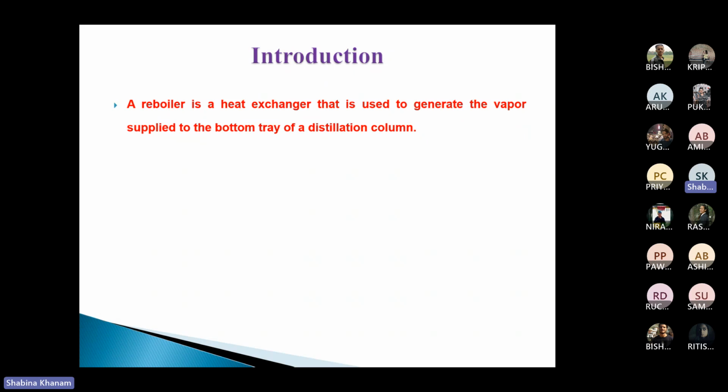That vapor and liquid both enter the distillation column, and this type of loop exists between the distillation column bottom part and the reboiler. We will discuss in detail how this reboiler will be placed, and what parameters we need to consider for better design.